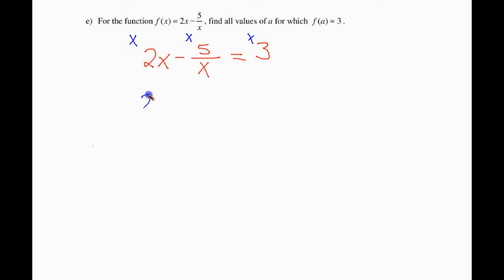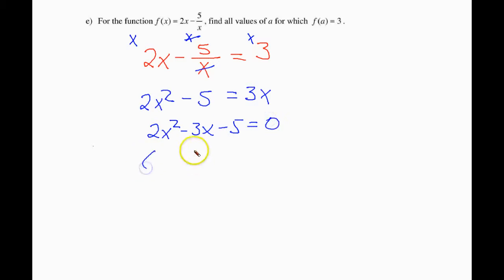So this becomes 2x squared. Here the x's cancel out. We get a negative 5 equals 3x. Notice we have a quadratic equation. So to solve it, we have to put it in standard form. Transpose that.